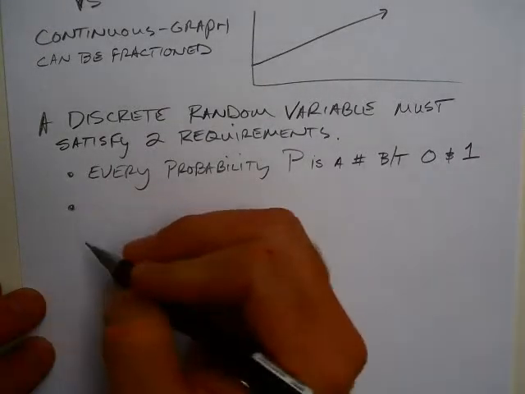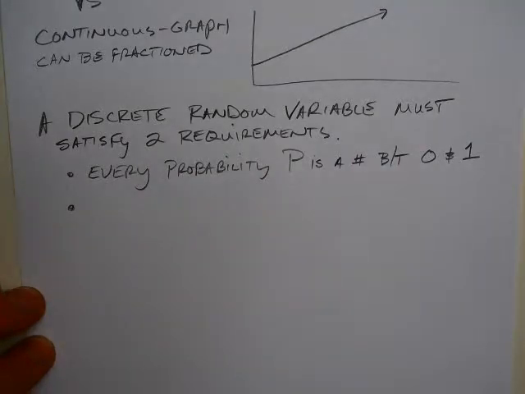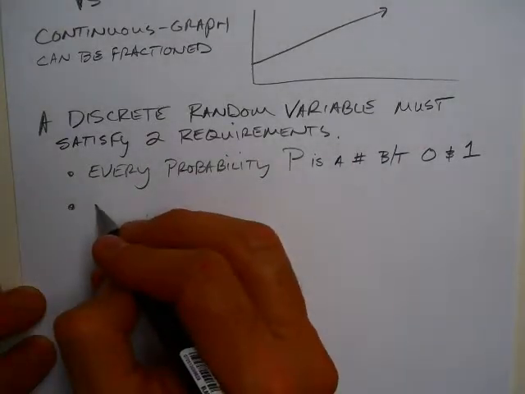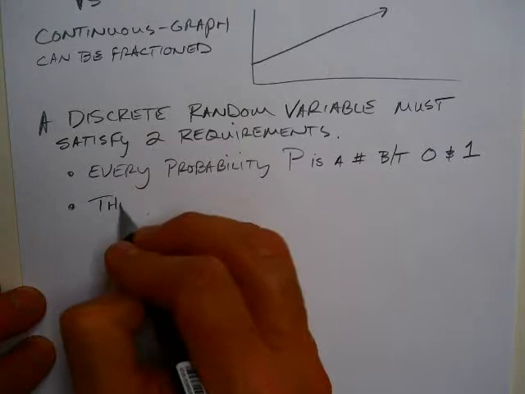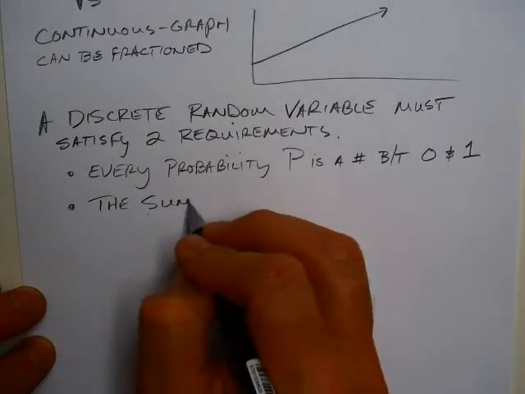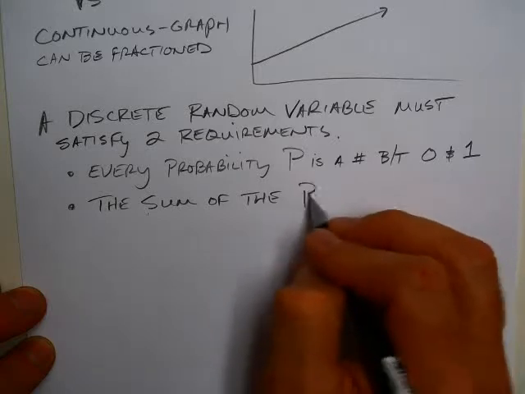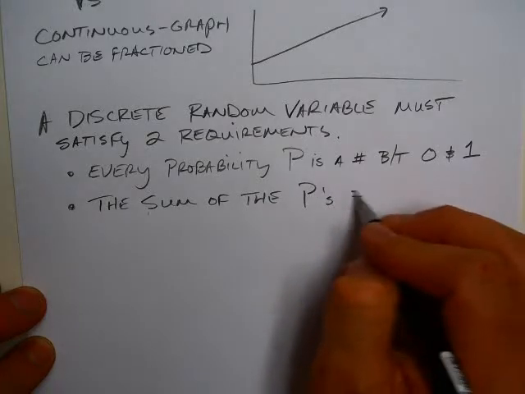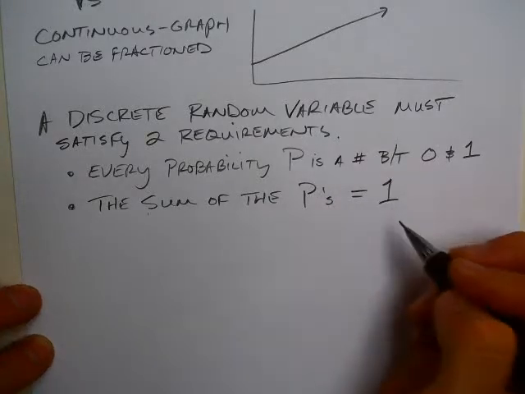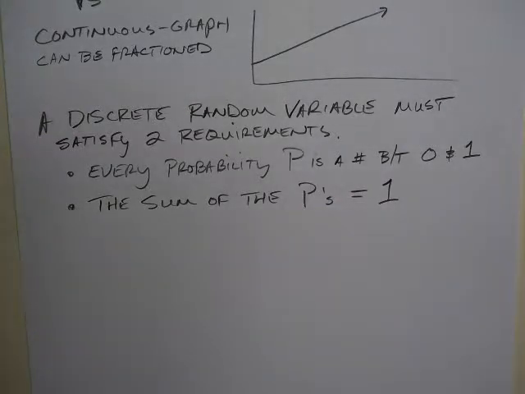And the second requirement is the sum of the probabilities equals 1. Discrete random variable.